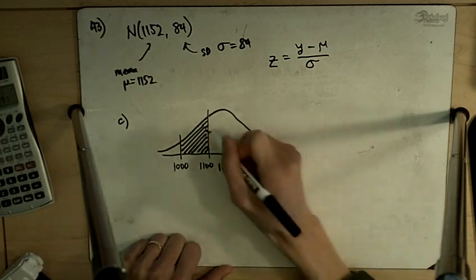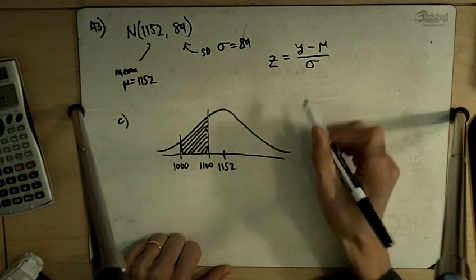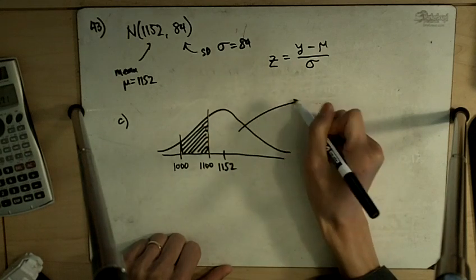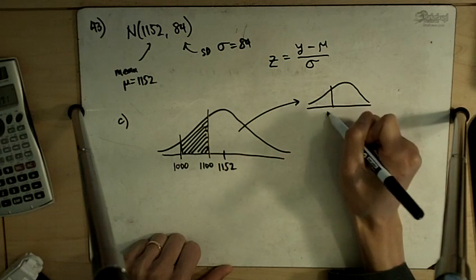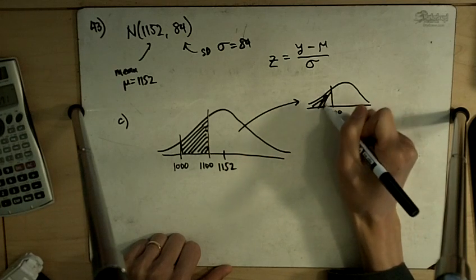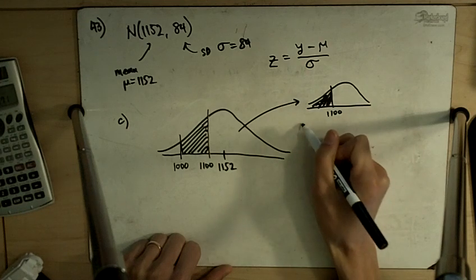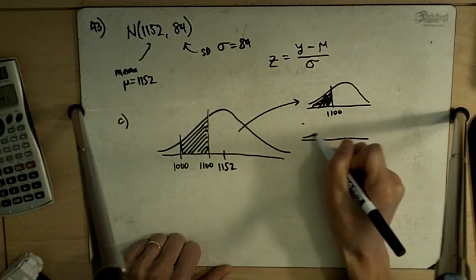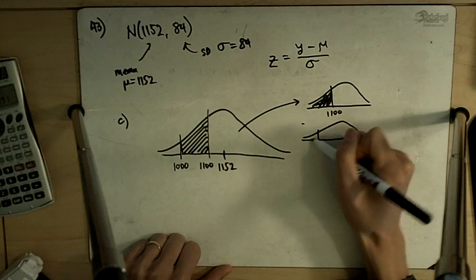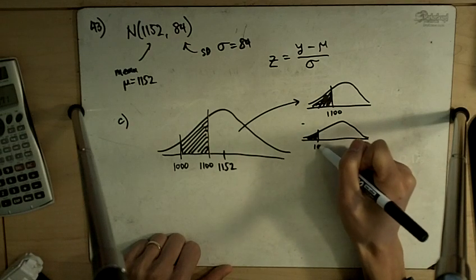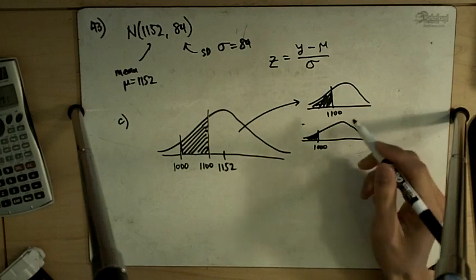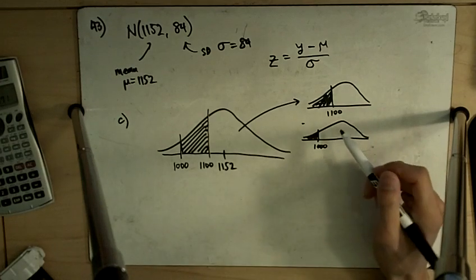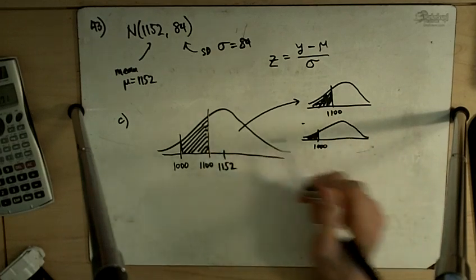The way we find this portion is we break it out into the area that's less than 1,100, and we subtract off the area to the left of 1,000. So we've got two area problems, and we take the difference, and we'll be left with the portion in the middle.